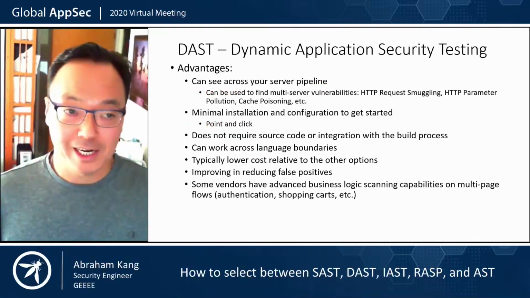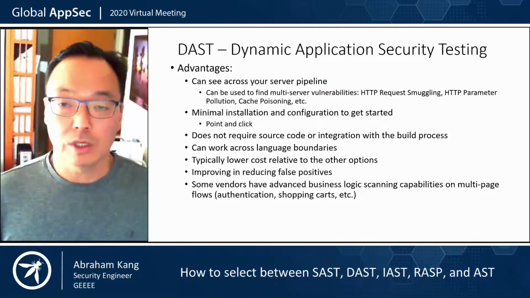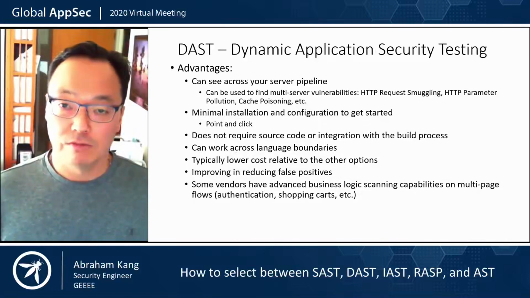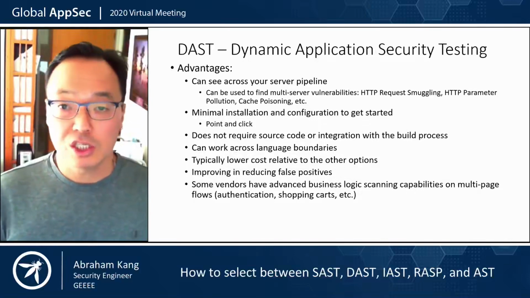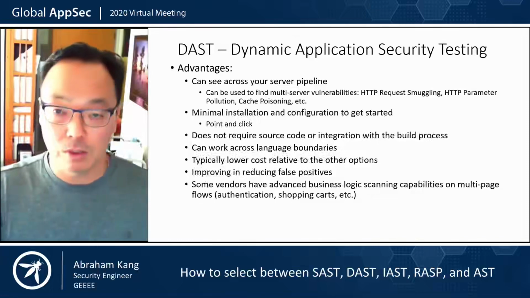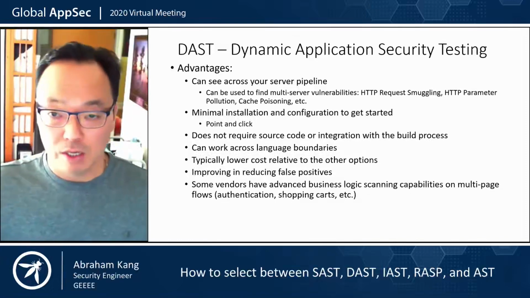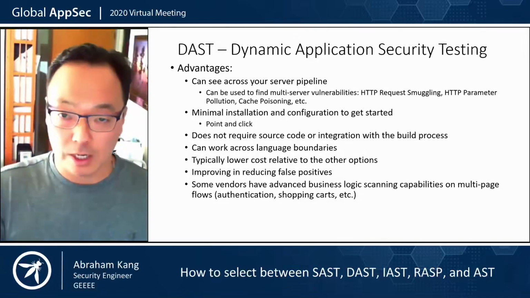So now let's move on to dynamic application security testing. One of the advantages of DAST is that it can see across your server pipeline because it's sending in a payload, which is going to travel across the server pipeline, invoke your business logic, and get a response.